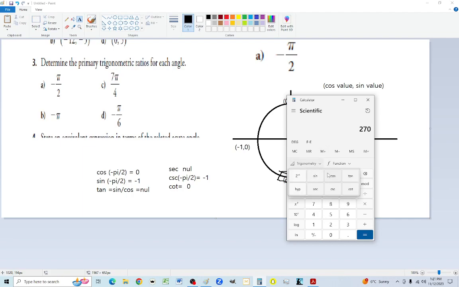Cosine should be 0. Tan should be null. Secant should be null. Cosecant should be minus 1, yep.